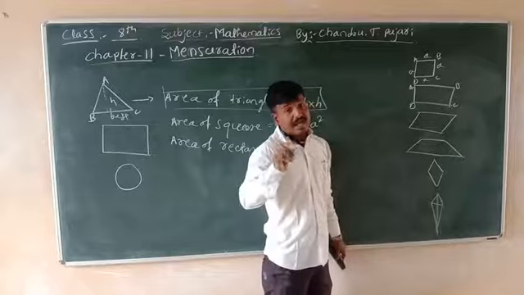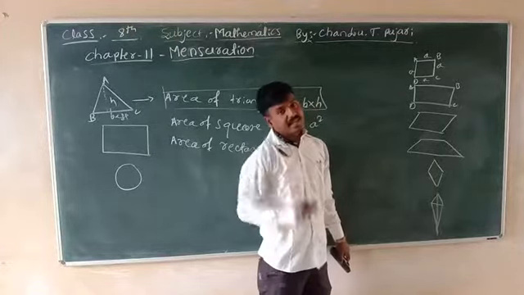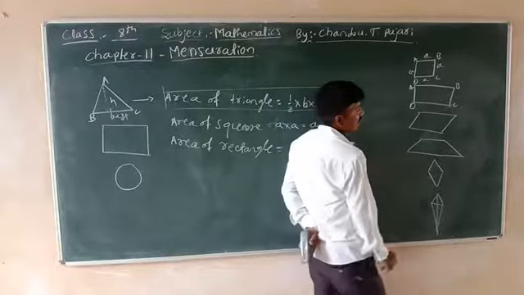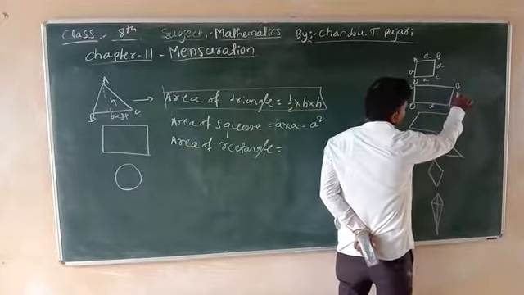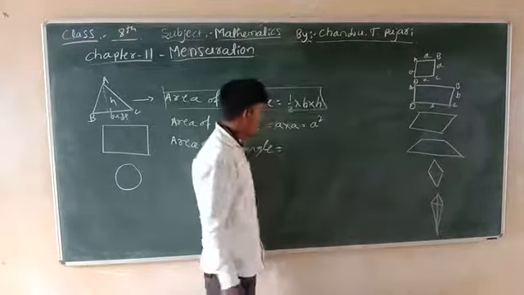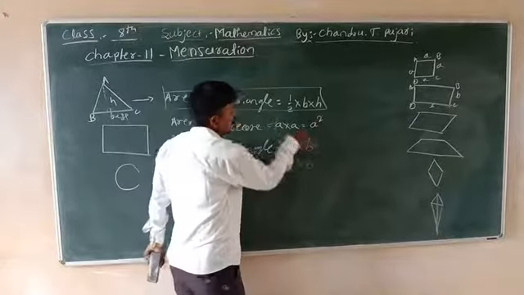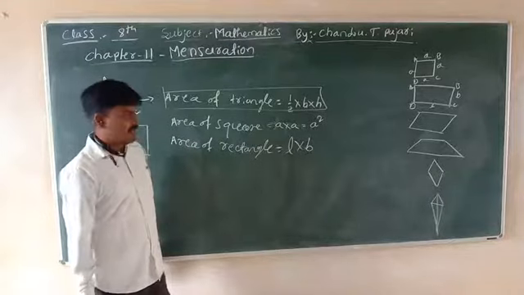In the rectangle, opposite sides are equal and each angle is 90 degrees. One side is the length, and the other side is the breadth. Therefore, the area of a rectangle is length into breadth.